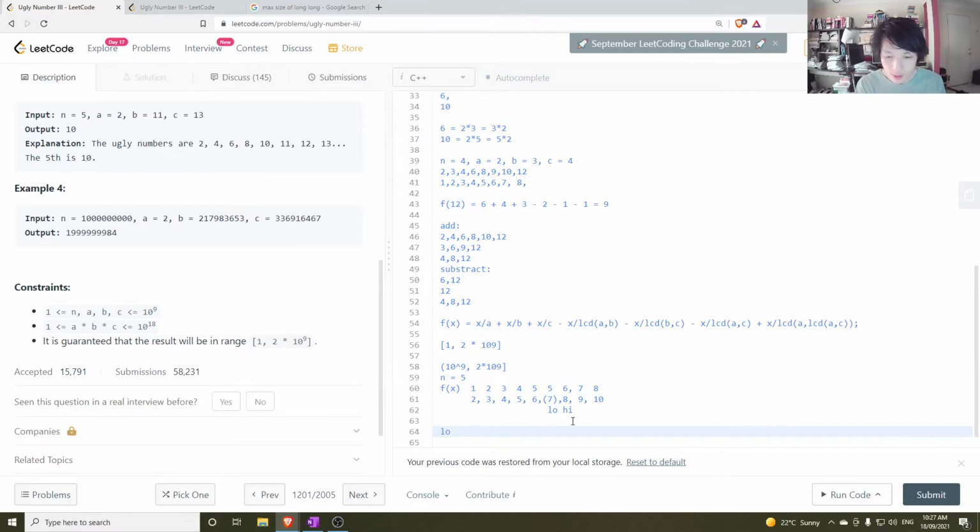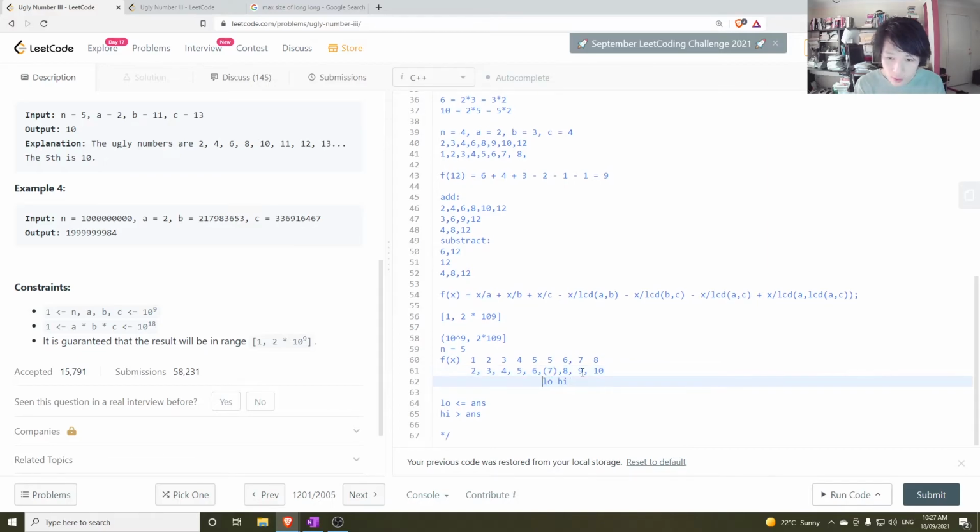Say low is less than or equal to answer, and high is greater than answer. If we consider this, it is the only position that low and high will end up. And we'll return low because it could potentially be equal to the answer, but it's the wrong answer.